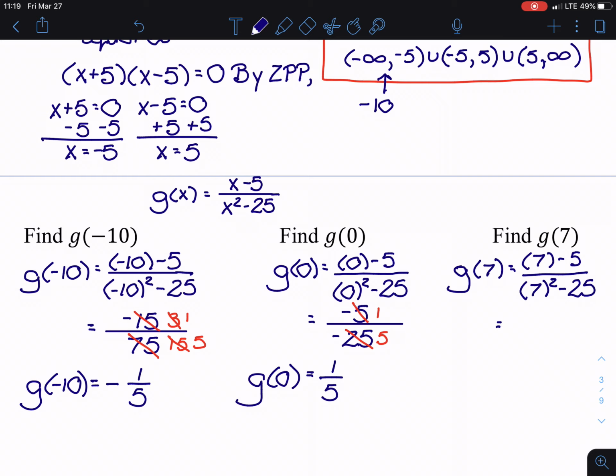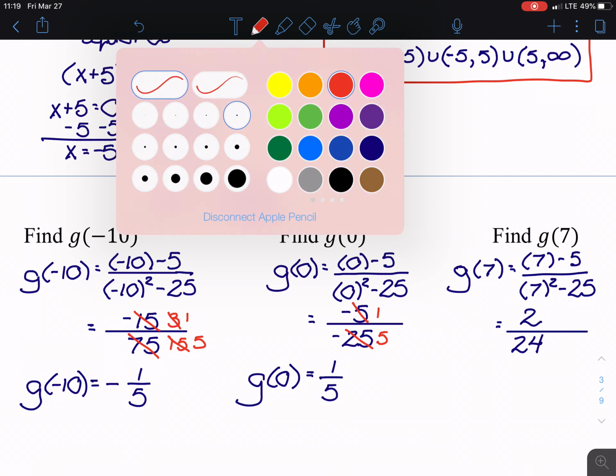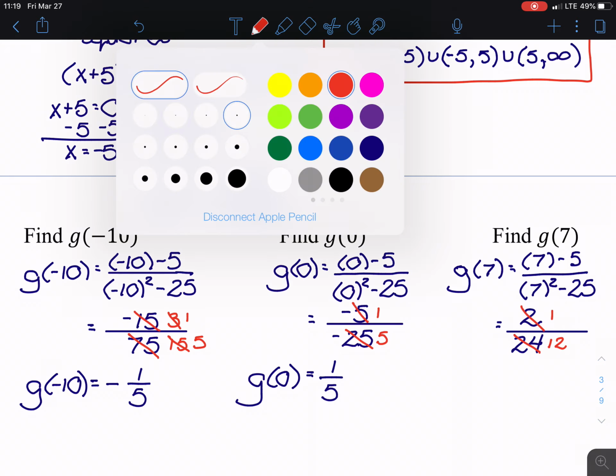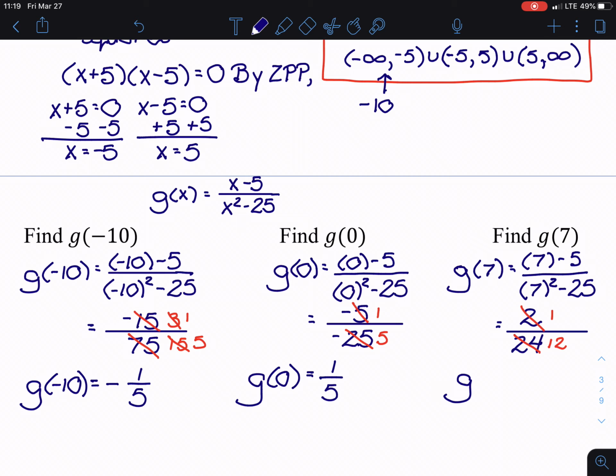So 7 minus 5 is 2. 7 squared is 49, minus 25 will be 24. Notice both of those numbers are even, so I can divide by 2. 2 divided by 2 is 1. 24 divided by 2 is 12. And so g of 7 is equal to 1/12.